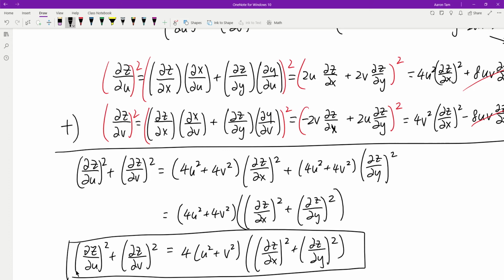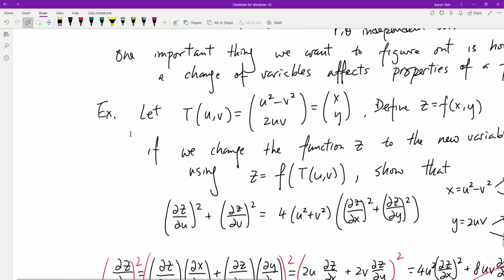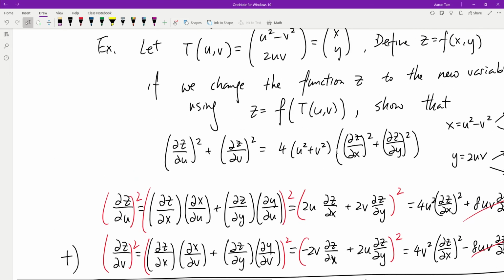Notice this type of problem is very similar to, if I remember correctly, what I asked you to do in chapter 1 about proving some of the properties, but these are obviously more algebra intensive. The way to do this type of question is to always start with the partial derivative that you can use the chain rule for.